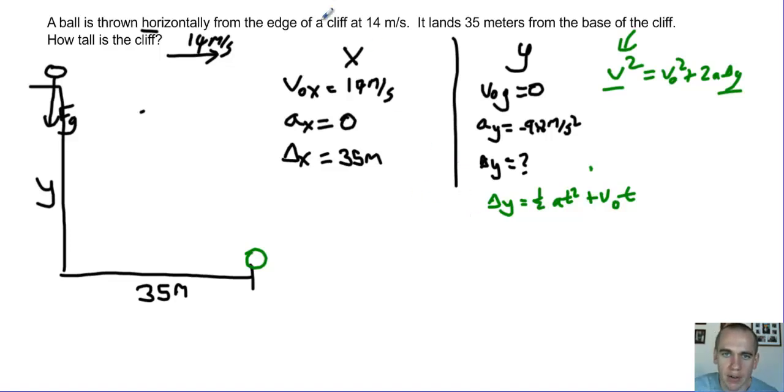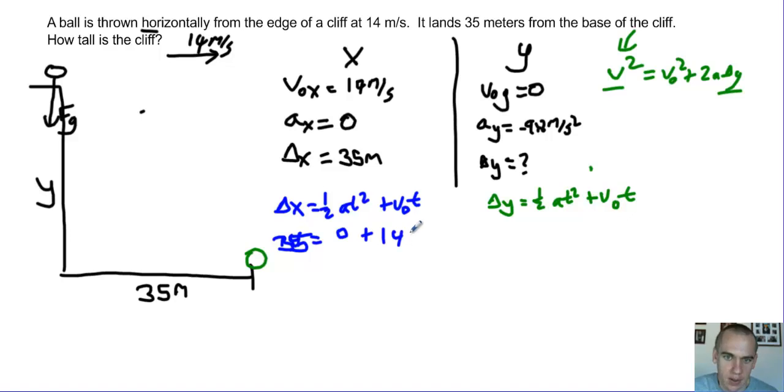Well, let's go to the x direction. The x direction says we have a change in position, we have an initial velocity. So I'm going to use the same equation. Delta x equals 1/2 at squared plus v naught t. However, I know the acceleration is 0. I know the change in position is 35 meters, and I know the initial velocity, which is also the entire velocity, is 14 meters per second.